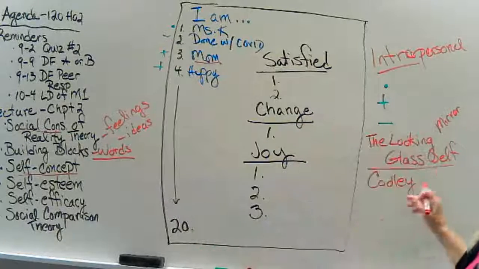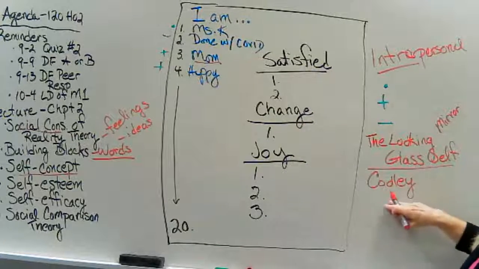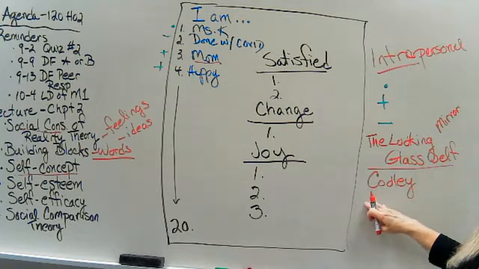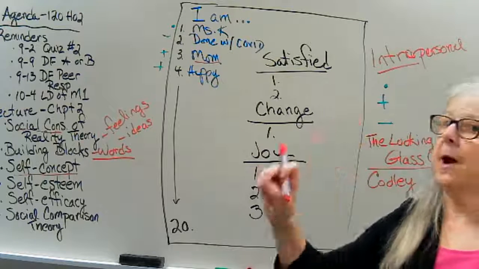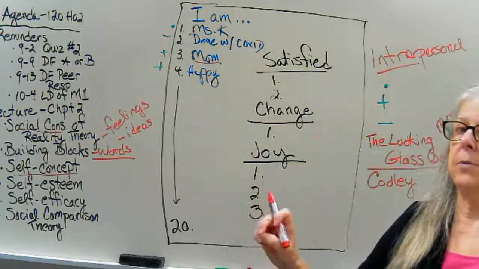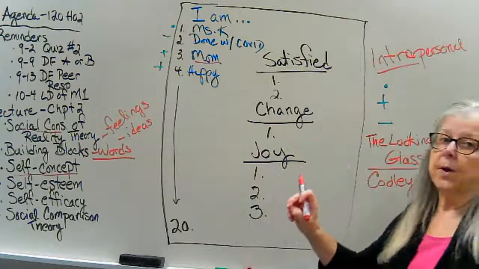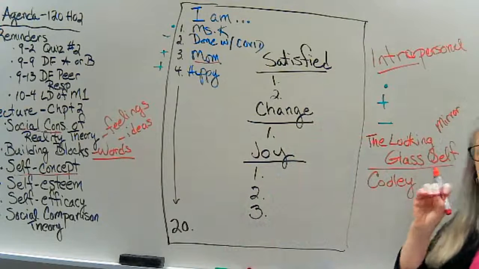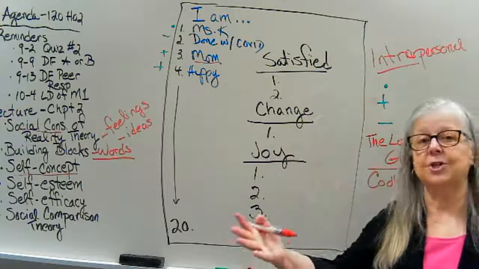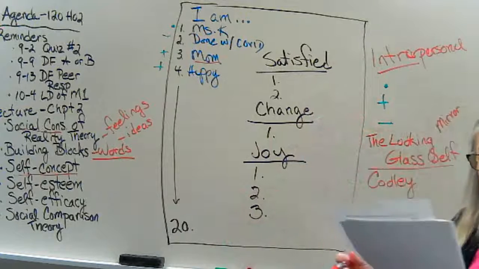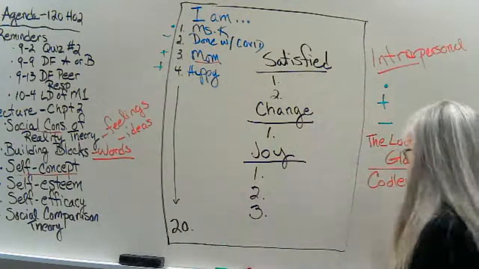So the looking glass self was first really introduced way back in 1902 by Cooley, but it's powerful. And we're going to talk about it a little bit more in this class as we progress. It's also useful, and an extension of this was made by a guy named Hargy.